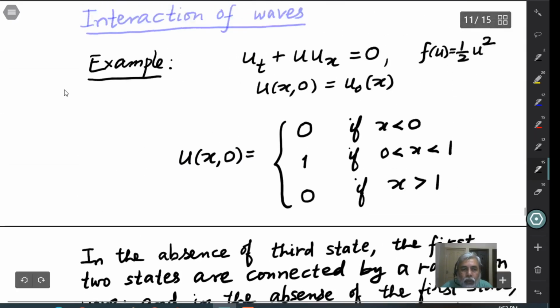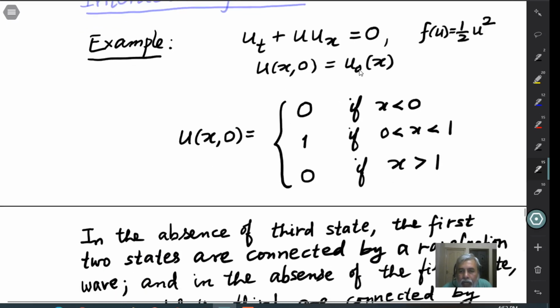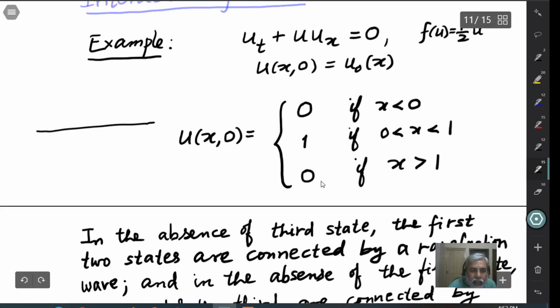Okay. So now we consider this example again, Burgers equation. u_t plus u u_x equal to 0, and u(x,0) is equal to u0(x). Now u0(x) consists of three constant states. Just for the illustration, this is the x-axis, this is 0, this is 1, so the values are 0, 1, 0.